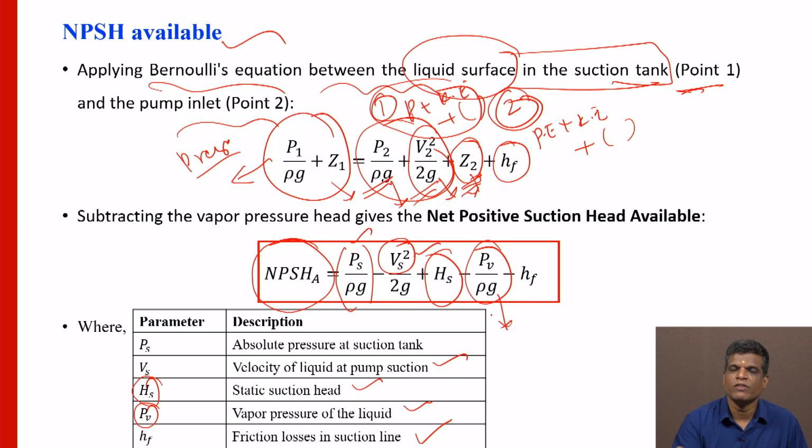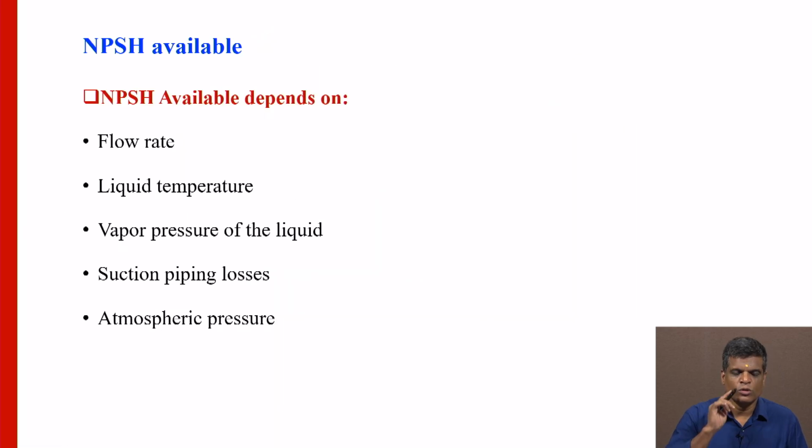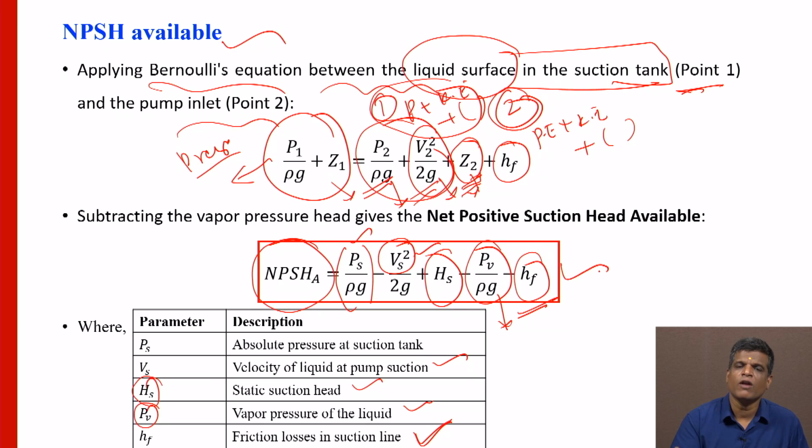Then HF is the friction losses in the suction line. So, this is the net positive suction head available. With this equation, wherever you want the net positive suction head available, use all the values and we can get the value.